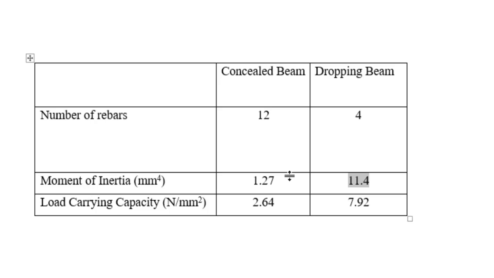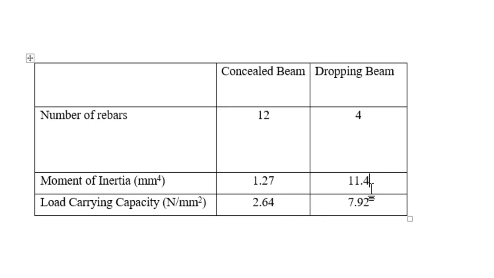You waste concrete, you waste reinforcement. So practically and economically, you will never achieve the moment of inertia that you achieve with a drop-in beam. You will always have a disadvantage in your deflection, in your flexural rigidity, and in bending stress if you use a concealed beam rather than a drop-in beam. So it is not economical and it is not even as rigid as a drop-in beam.